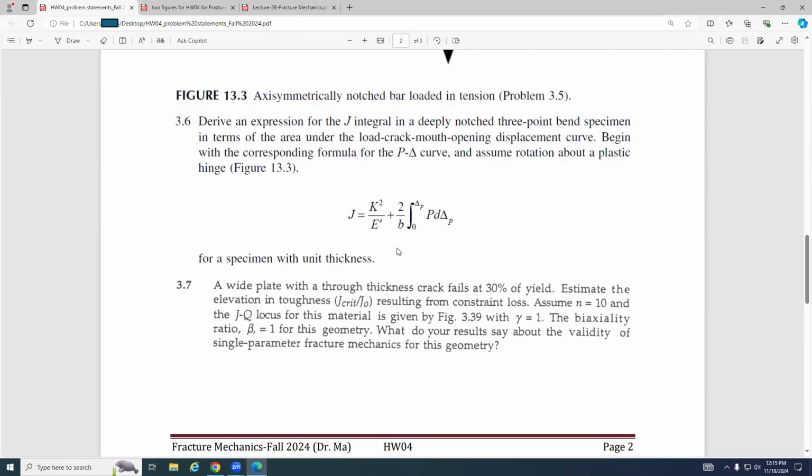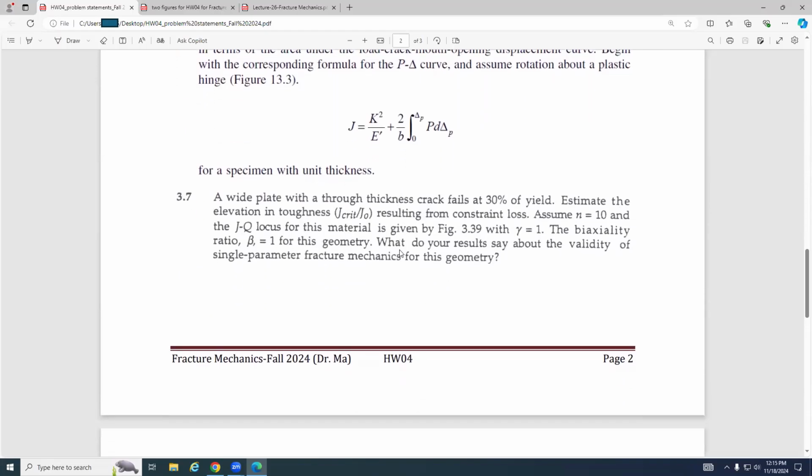No questions, so we look at problem 3.7. We need to look at the figure, and I'm going to show you. Problem 3.7 says that a wide plate with a through-thickness crack fails at 30% of the yield strength. Estimate the elevation in J critical over J zero resulting from constraint loss.